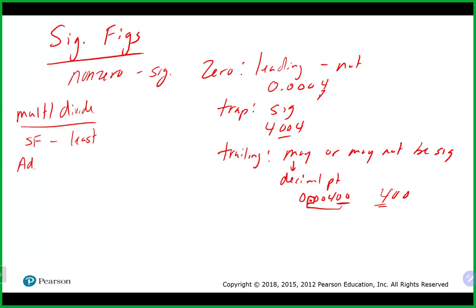When we add and subtract, we are looking at decimal places, and once again, it is the least number of decimal places that your answer should have. The idea is that the least means that's probably your worst measurement, and your calculation is only as good as the worst measurement you can make.